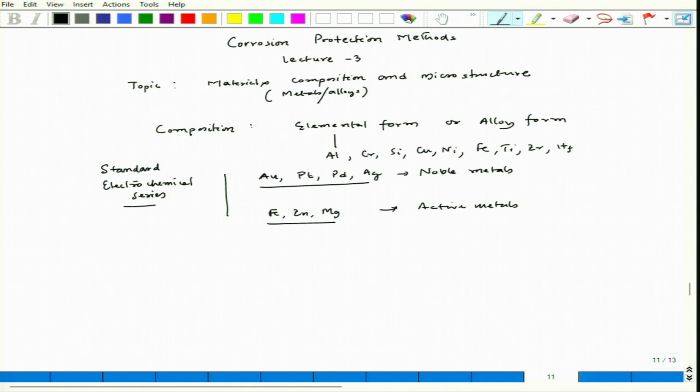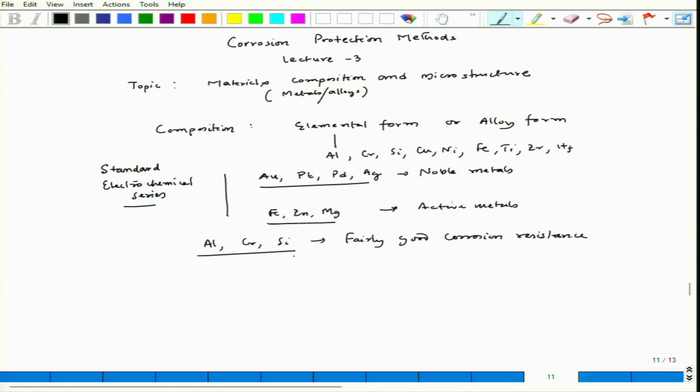Now, there are a few elements which sit at the bottom but, interestingly, have a somewhat higher corrosion resistance because of their interaction with the environment. For example, aluminium, chromium and silicon are at the bottom level of the electrochemical series, but still have fairly good corrosion resistance.